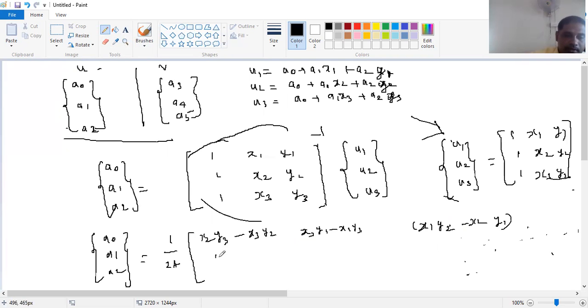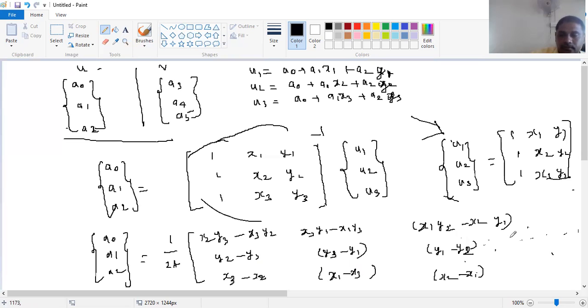In the second part, you will get y2 minus y3, here x3 minus x2, here y3 minus y1, x1 minus x3, here y1 minus y3, y1 minus y2 here, and x2 minus x1. So this is the value of the parameters A0, A1, A2.